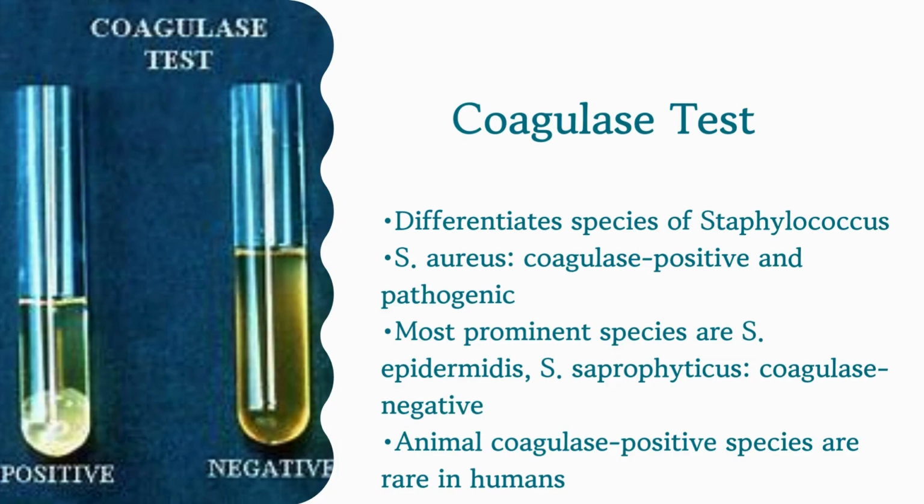You add 1 drop of human plasma or rabbit plasma, and then add 1 drop of a heavy suspension of the bacterial organism, and mix well. Within 10 seconds you can see the clotting or clumping on the slide, and that is a positive test. If there is no clumping, it's a negative test. This test is a rapid test for the bound coagulase, but it's not accurate.